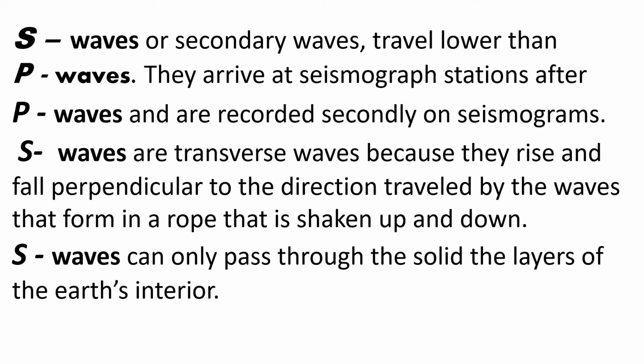The S waves are transverse waves because they rise and fall perpendicular to the direction traveled by the waves, like in a rope that is shaken up and down. S waves can only pass through the solid layers of the Earth's interior. Unlike the P waves, which can pass through the solid and liquid layers of the Earth's interior. Okay?